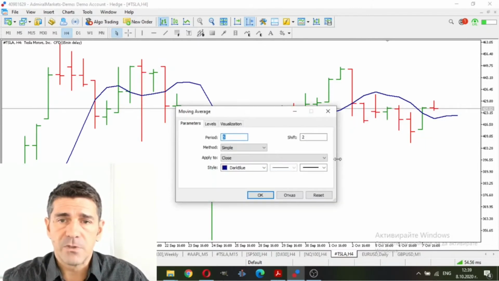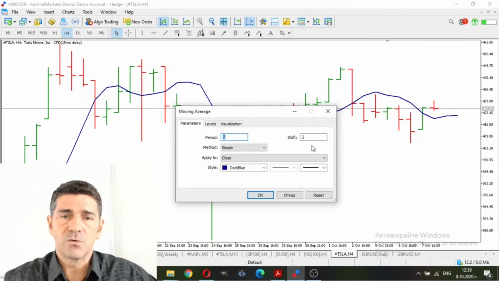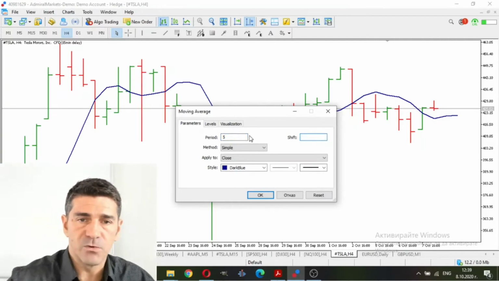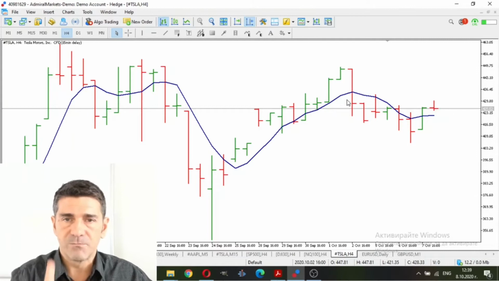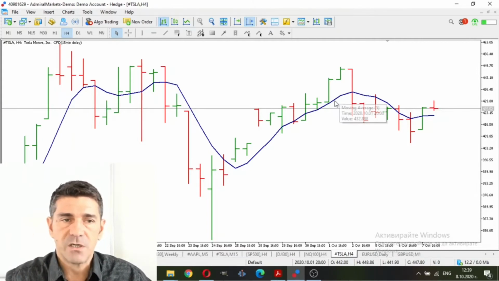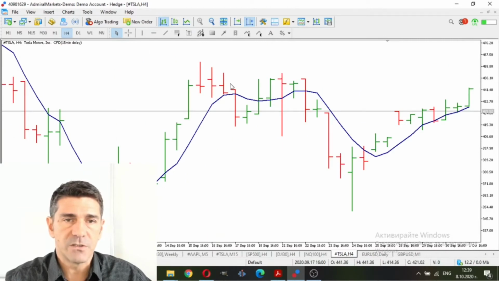Let's take a look at what happens if I remove this shift. Hope you see how it looks, right? The moving average is directly in the prices, in the bar charts, and it is not so clear what's going on, especially here in this moment.